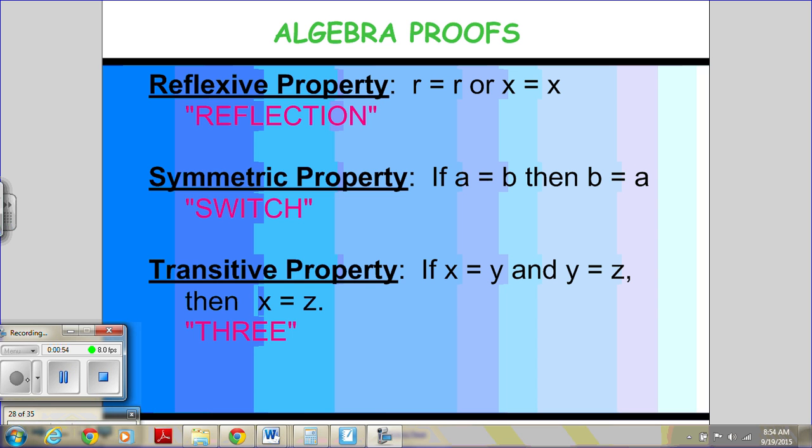The transitive property states if x equals y and y equals z, then you could cut out both of the y's and go straight to the meat, which would say x is equal to z. So the transitive property usually involves three terms or three variables.